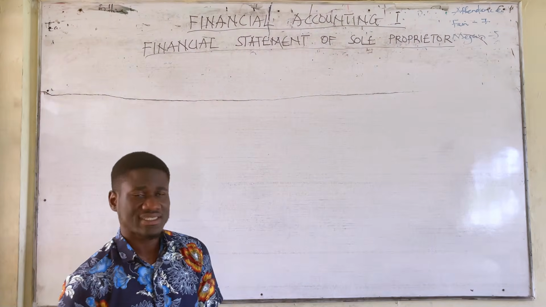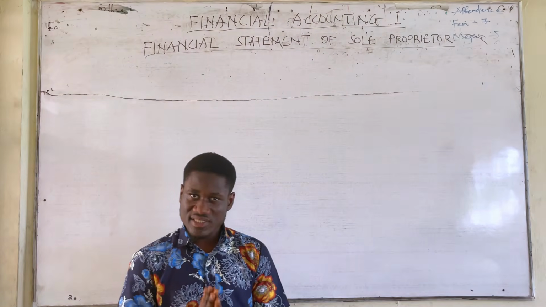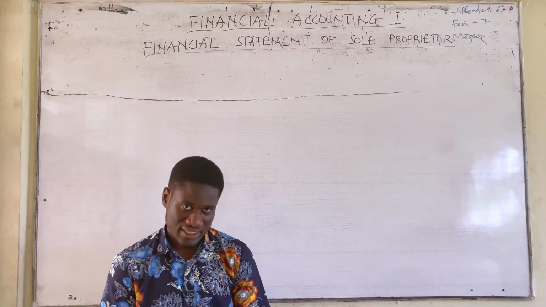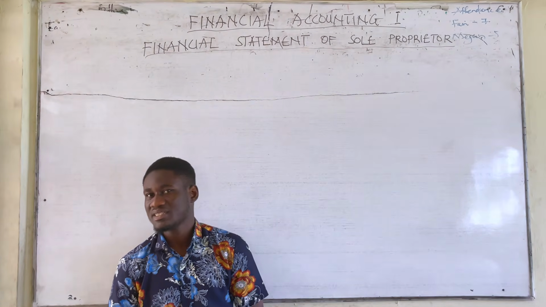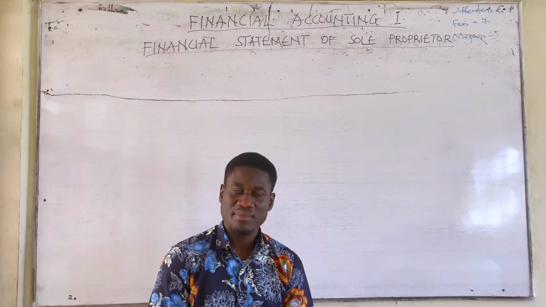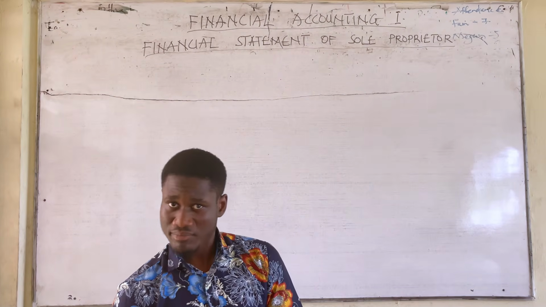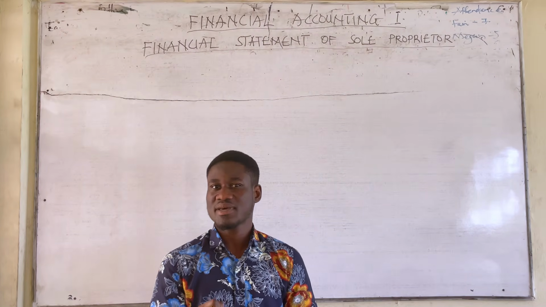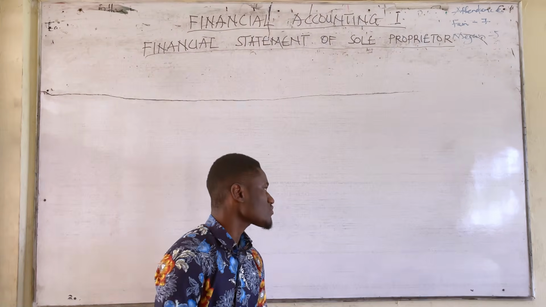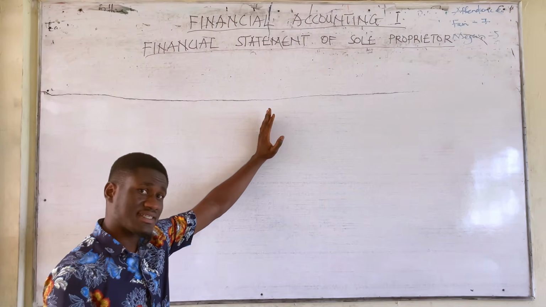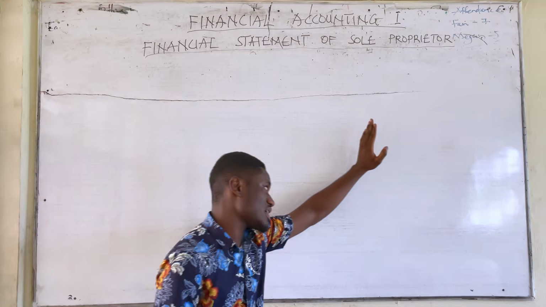You have to note that the assets and expenses will have a debit balance. Then the capital, income, and liability will have a credit balance. That means it's a list of the debit balances and credit balances.